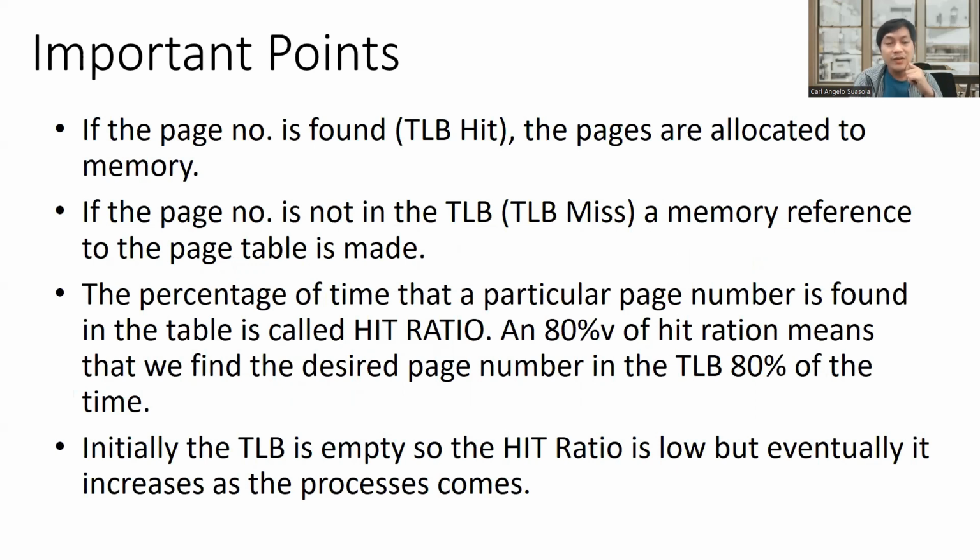The percentage of the time that a particular page number is found in the TLB is called the hit ratio. So a hit ratio of 80% means that we find the desired page number in the TLB 80% of the time.